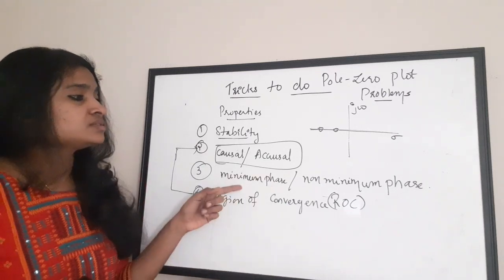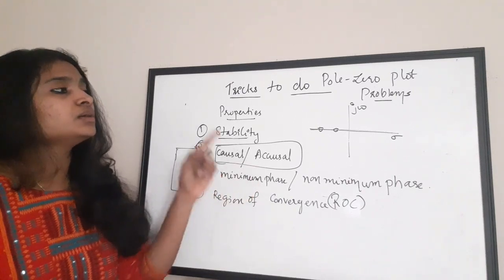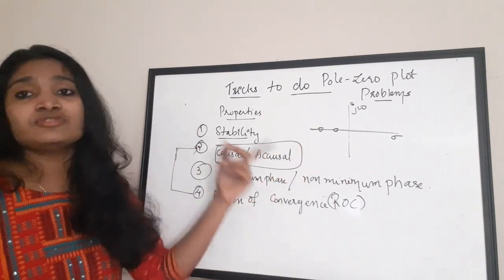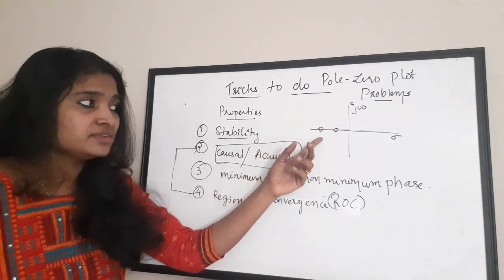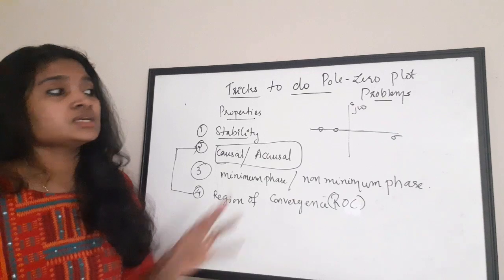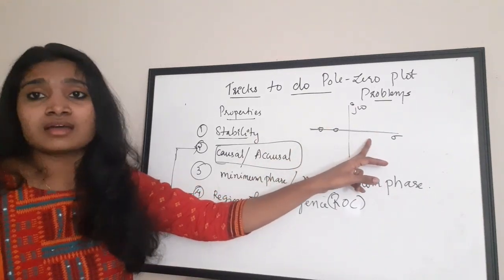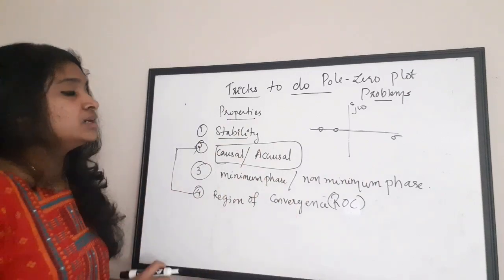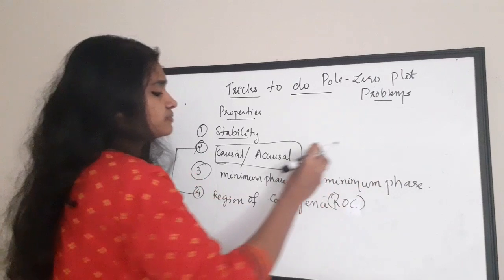If the zeros are on the left half of the plane, or the zeros are negative, then it is minimum phase. And if they are on the right half of the plane, then it is non-minimum phase. Simple, right? So that is all about the minimum phase and non-minimum phase system.